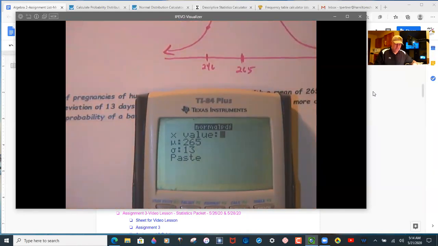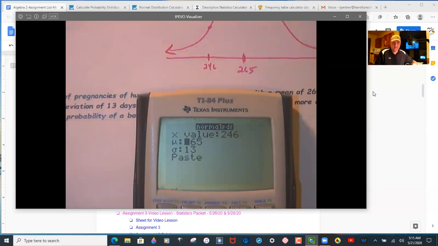You're going to put the exact x value in. You're going to put the mean, that's that crazy looking mu there, 265, and then the standard deviation, which is that crazy looking Greek letter, sigma, I think it is. Anyway, then you're going to go to Paste, and it'll paste it.